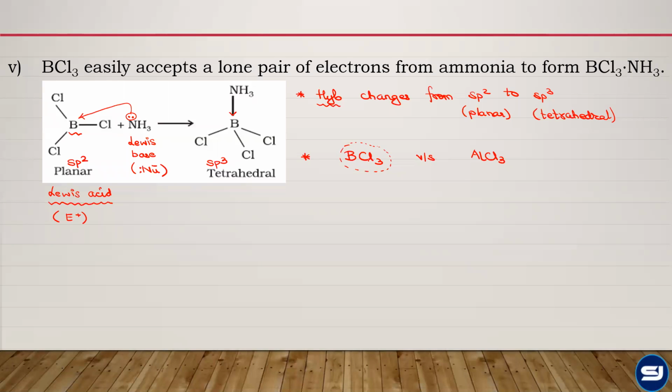Can anyone justify this? Why BCl3 exists as a monomer? Yes, anyone? It can stabilize itself. Perfect. It stabilizes itself. कैसे? With the lone pair. Whose lone pair? Chlorine. Perfect. And what type of bonding is that?